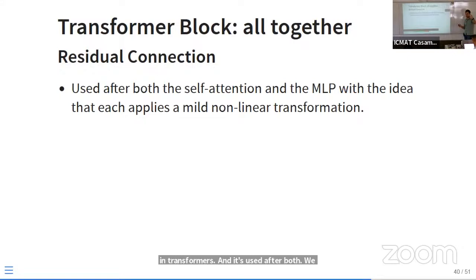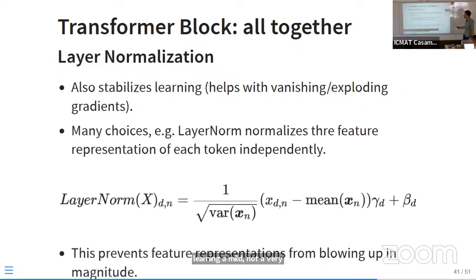We perform self-attention and then add a residual connection. And then we perform the multi-layer perceptron and we also add a residual connection. Okay. The idea here is that we believe that each of these multi-layer perceptron and self-attention blocks is going to be learning a mild, not a crazy, nonlinear transformation of the sequence.